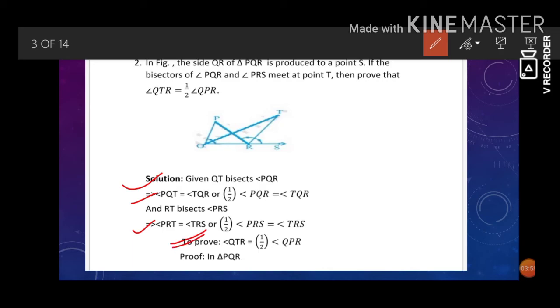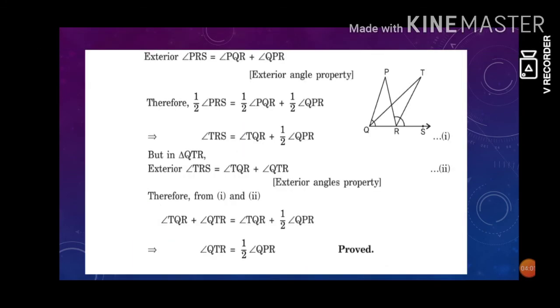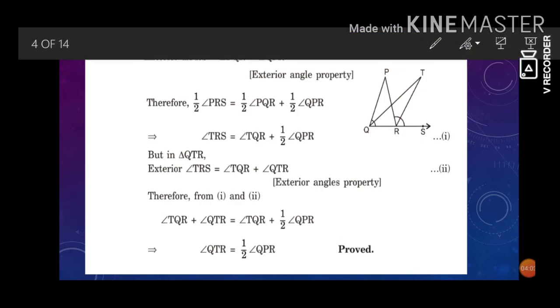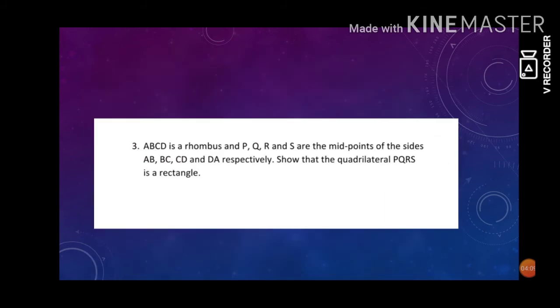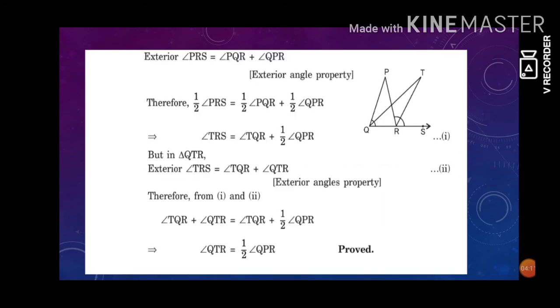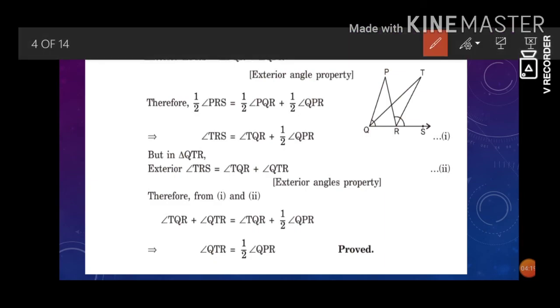To prove this, first we will consider the triangle PQR. In this triangle PQR, the exterior angle is PRS, and we know that the exterior angle is equal to the sum of the two interior opposite angles. So angle PRS = angle PQR + angle QPR. After that, we divide the equation by 2.